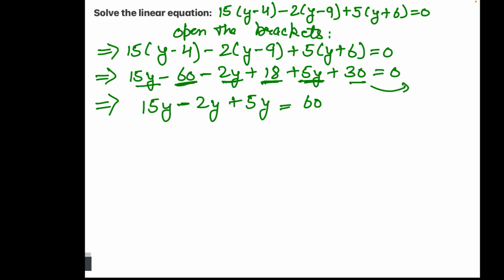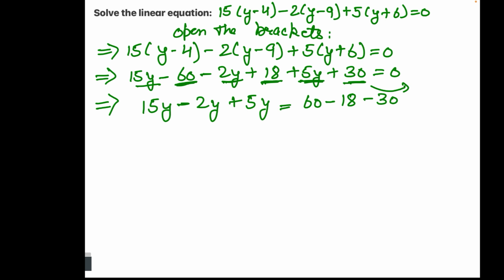Plus 18 will become minus 18 and positive 30 will become minus 30. Why? Because when we shift any constant or variable to the other side, the sign always changes.